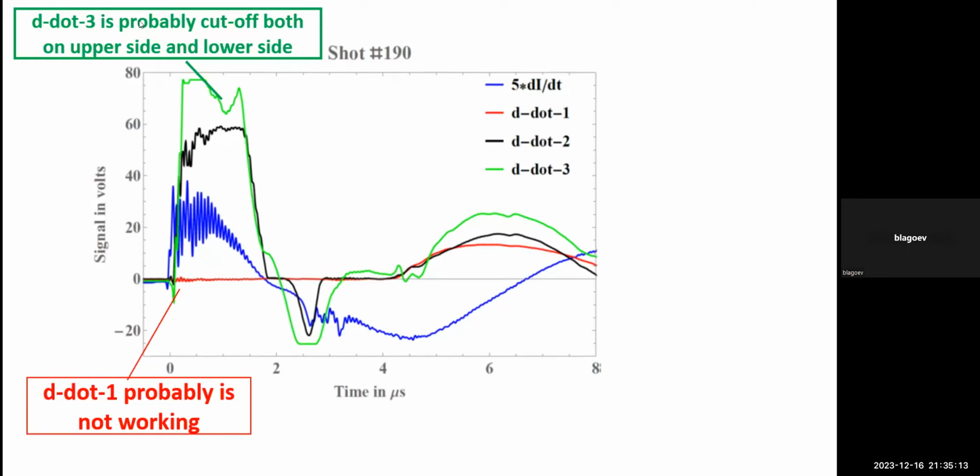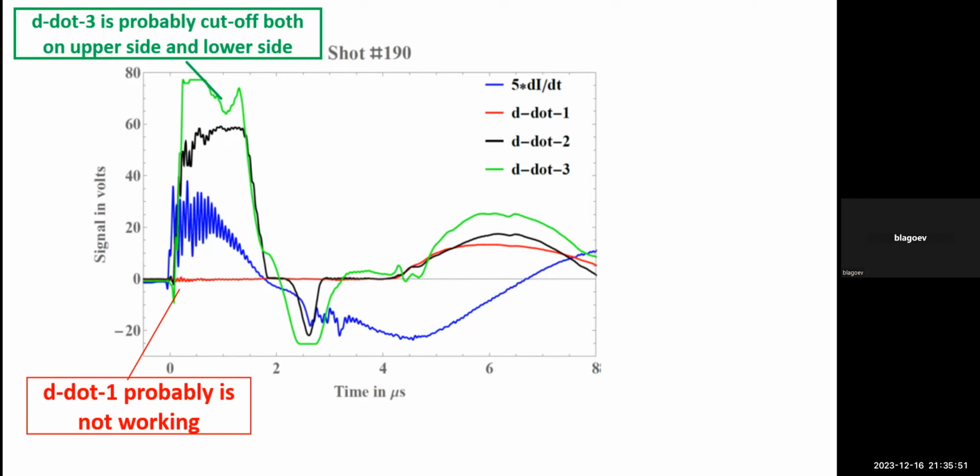This third D-dot probe is cut. It's too sensitive. It's the most sensitive of all these D-dot probes. And on this slide, it is cut a little bit here and here. You have to keep in mind that I used several types of D-dot probes, starting with a sensitive part of 5 millimeter diameter.